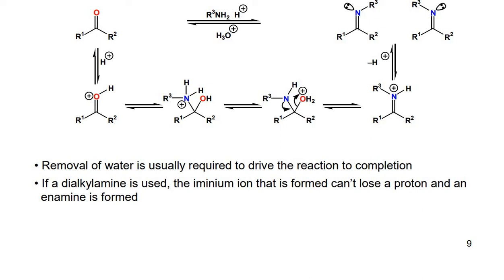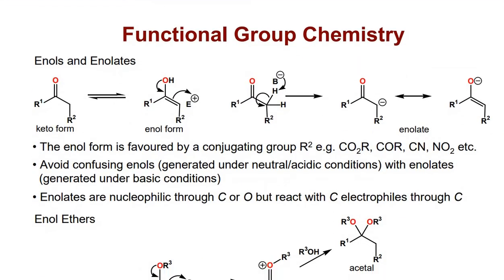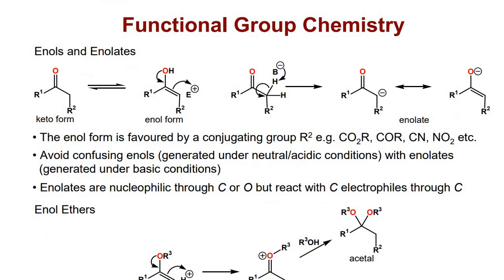If a dialkyl amine is used, the iminium ion that is formed can lose a proton and an enamine is formed. So take page and paper and write it down step by step. Then you will understand very easily. Enols and enolates.